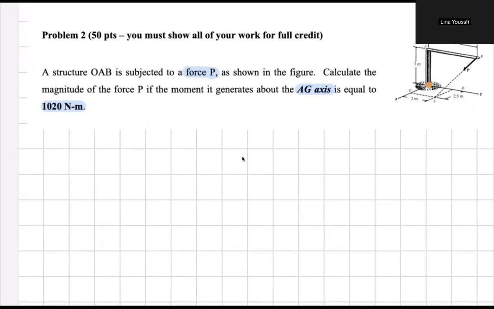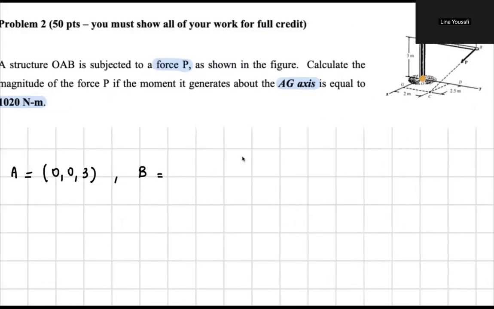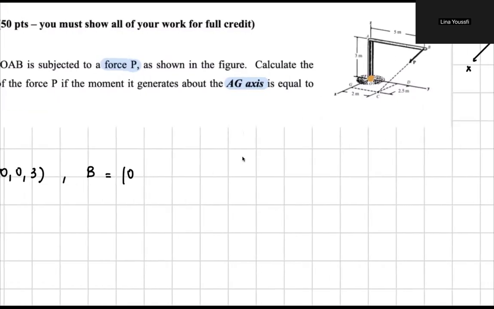So we'll get started with point A, and that's just gonna be 0, 0, 3. Then point B is gonna be 0, 5, 3.